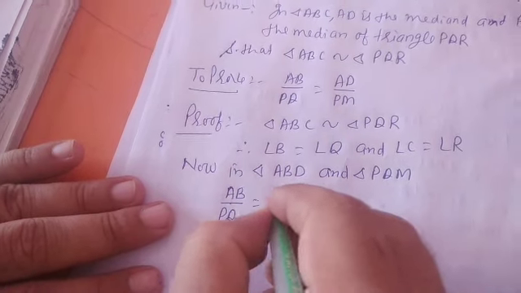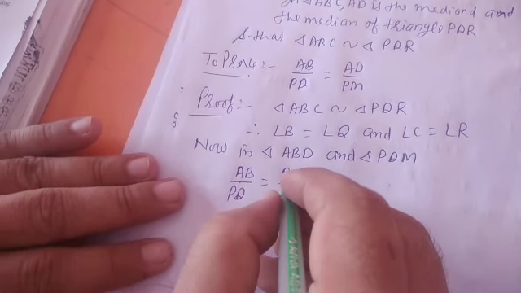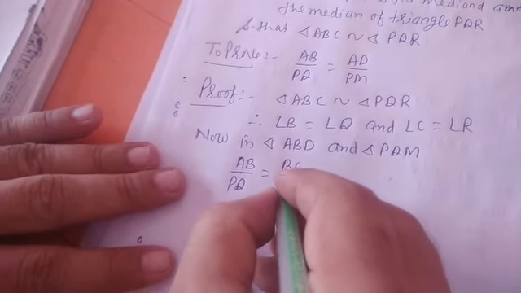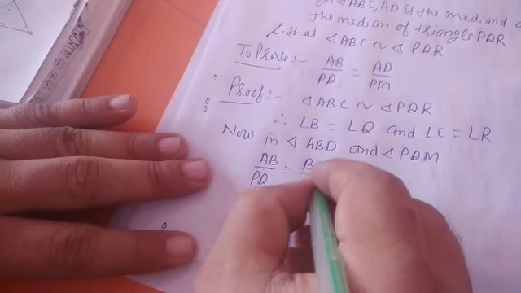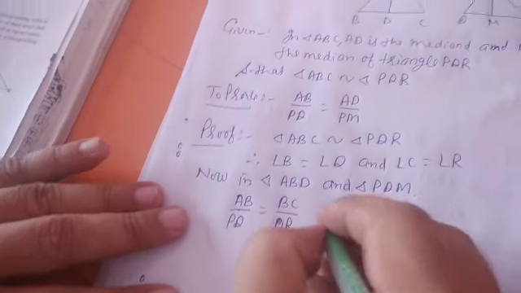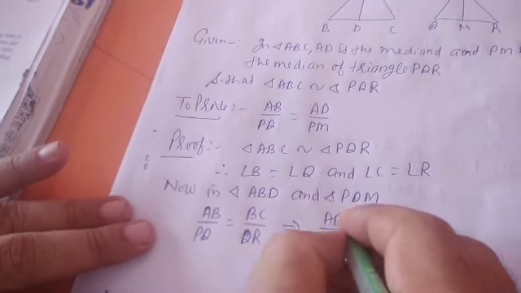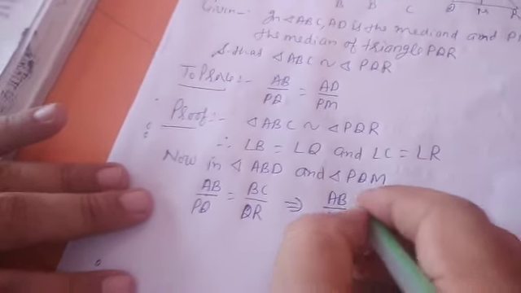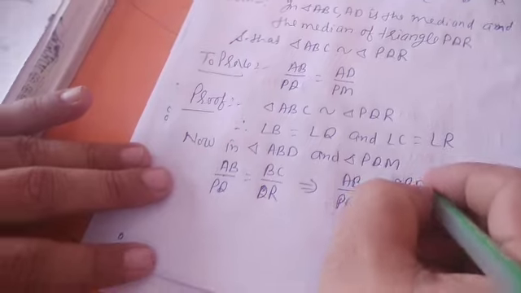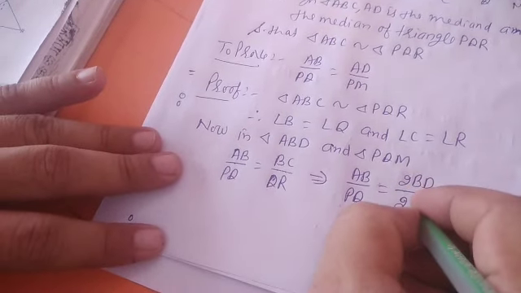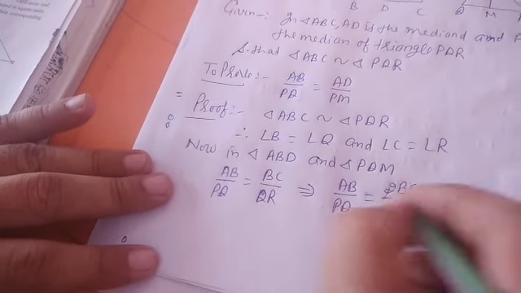BC by QR. This you can write like this: AB by PQ is equal to twice of BD and twice of QM. 2 cancels 2.